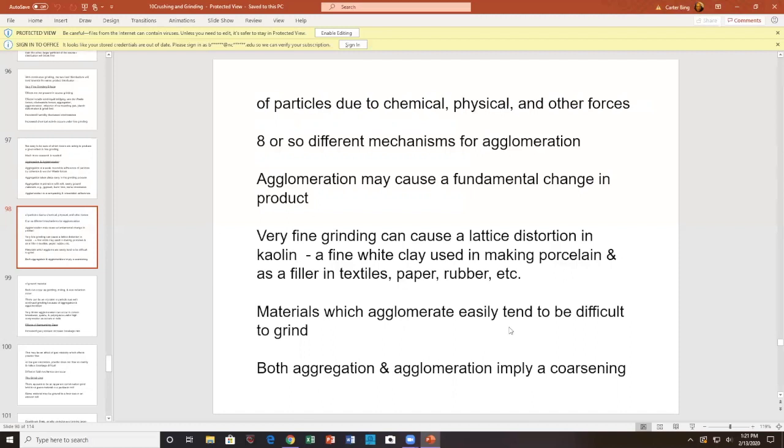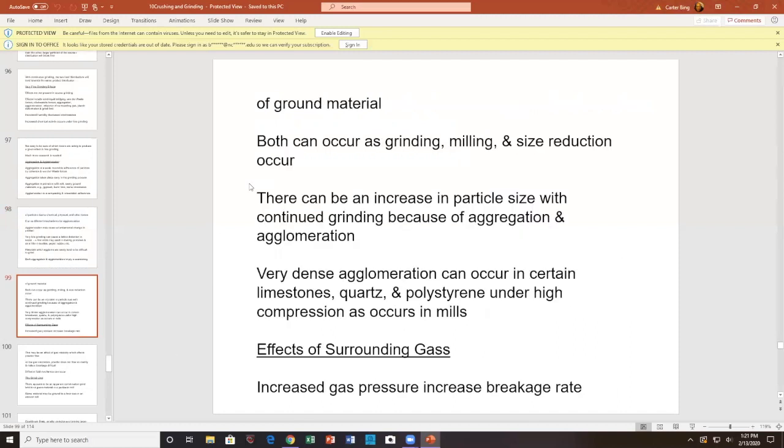Agglomeration implies a coarsening of ground material. So you may think you're grinding, but indeed you've agglomerated. What happens is you have an operation that's grinding away, and you reach a certain size, and then you put in stopping dust, and it no longer grinds, but it agglomerates.